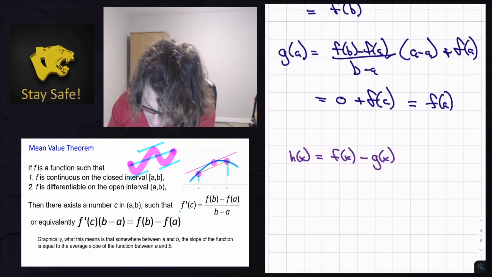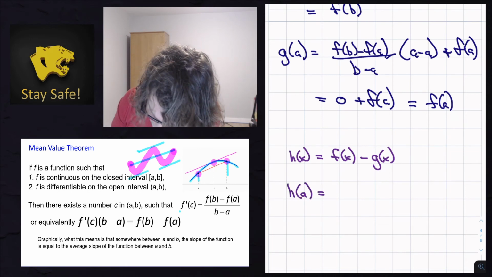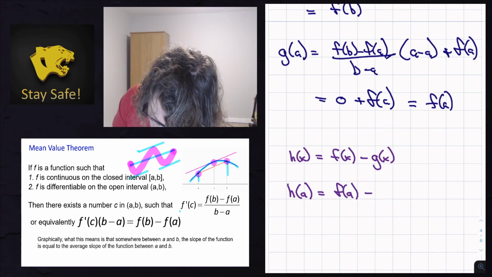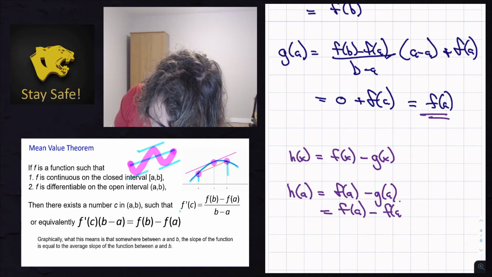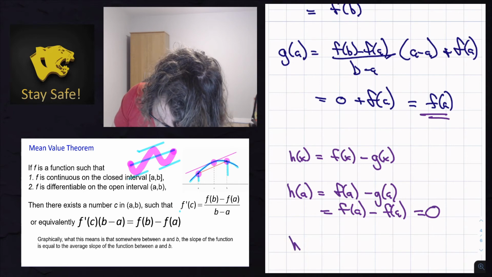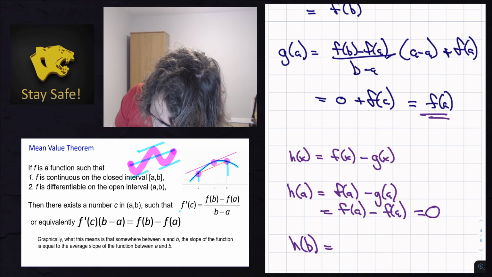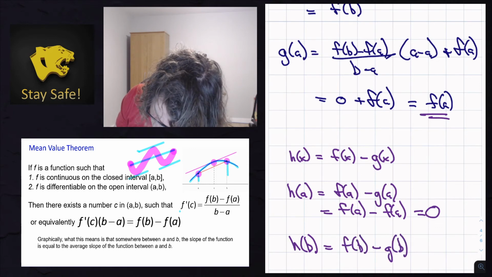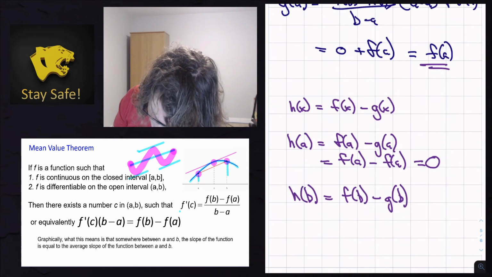Okay, so then h of a is equal to f of a minus g of a. But we just showed above that g of a is f of a, which gives 0. h of b is equal to f of b minus g of b, but we showed up here that g of b is equal to f of b.